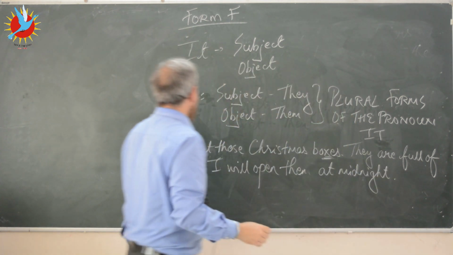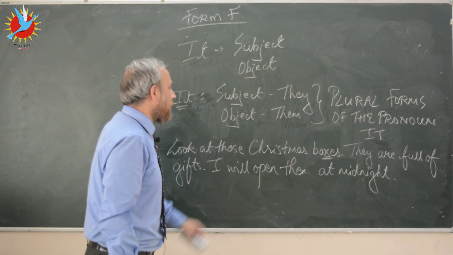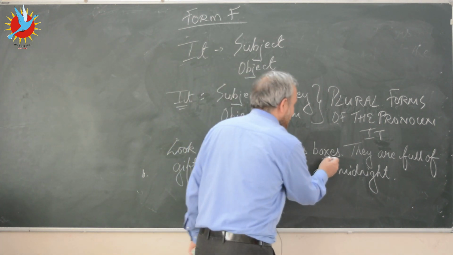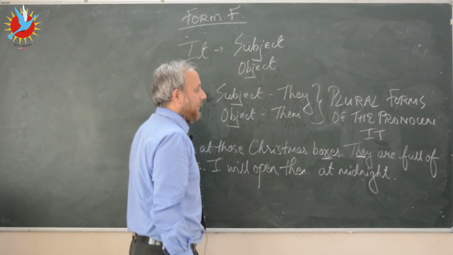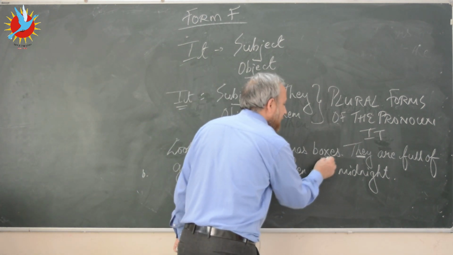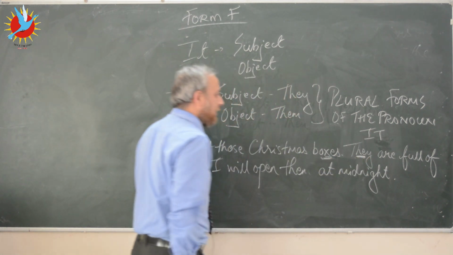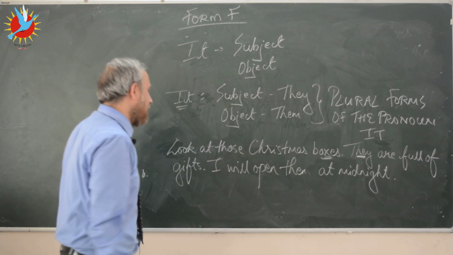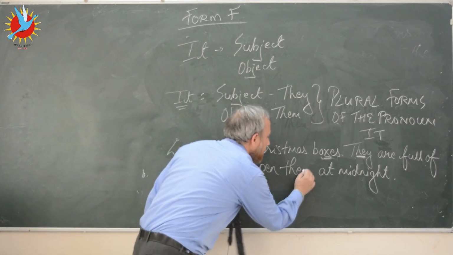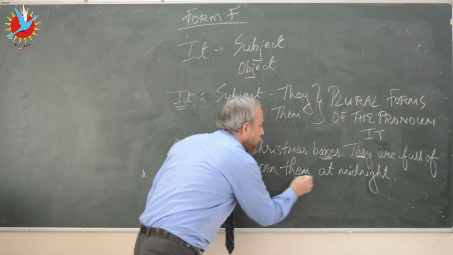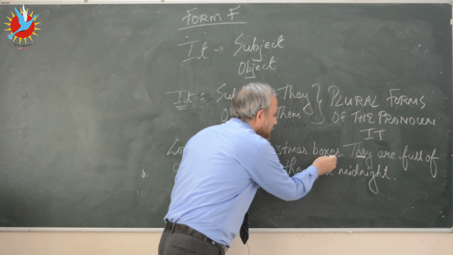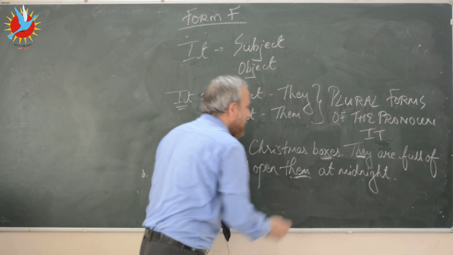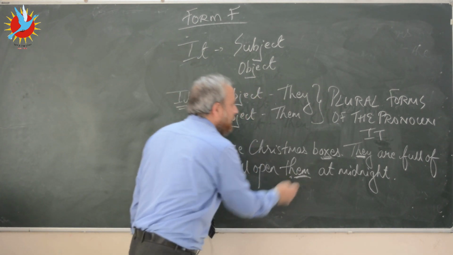So I've used they, for the boxes, and they is in the subject position. And I've also used them, the plural form of it, the plural form of the non-living thing boxes. I've used them, but this is in the object position.